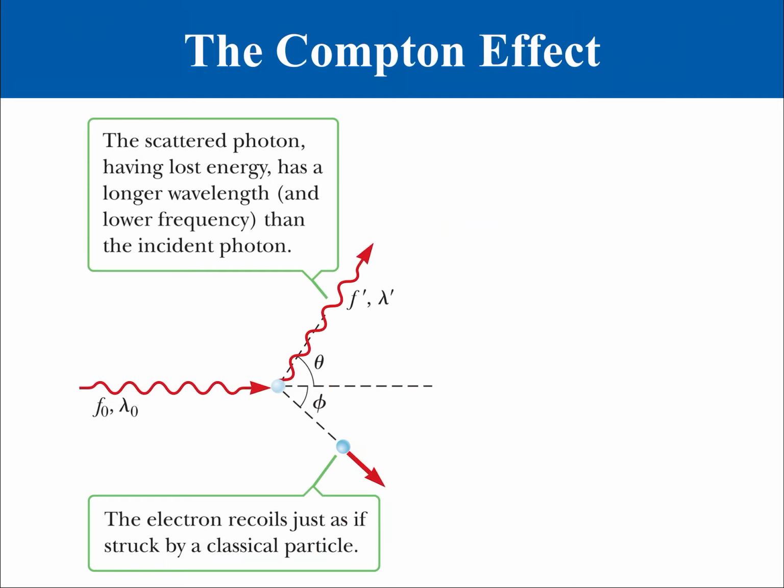To explain this effect, Compton assumed that if a photon behaves like a particle, and now we're really starting to take that idea of light as a particle to help us understand the universe, its collision with other particles is similar to a collision between two billiard balls.